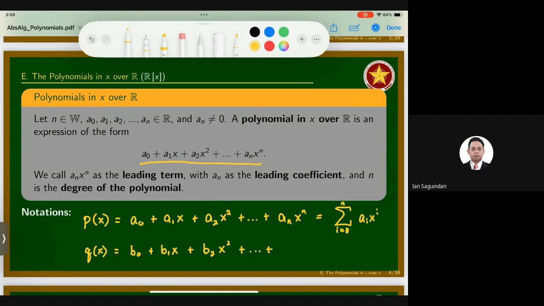So that m may be different from n. Okay, so in this case, perhaps I'm going to use another different indexing letter. So we have the summation of all b sub j, x to the j running from 0 up to m.